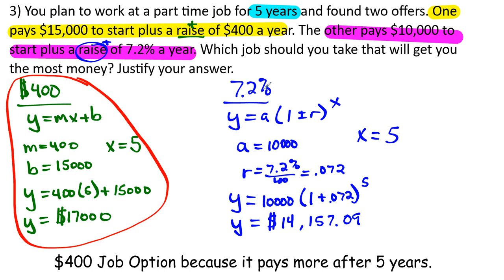Our 7.2% option, which was our exponential option because it's a percentage, got us $14,157.09. Which option would you take? Well, of course, I want more money. So the $400 job option, because it pays more after 5 years. Oh yeah, $17,000, I'd rather have that than $14,000. An extra $3,000 can go a long way.